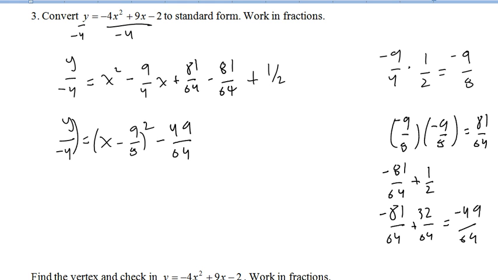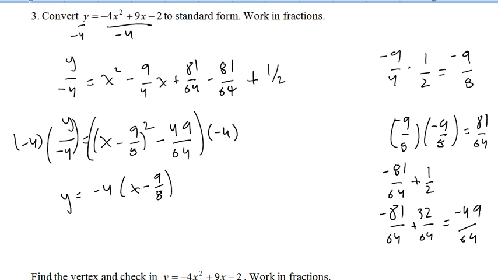Perfect, and now we need to multiply that -4 back into both sides to get y by itself. So we get y equals -4 x minus 9 over 8 squared. And now we've got -49 over 64 times -4 over 1.